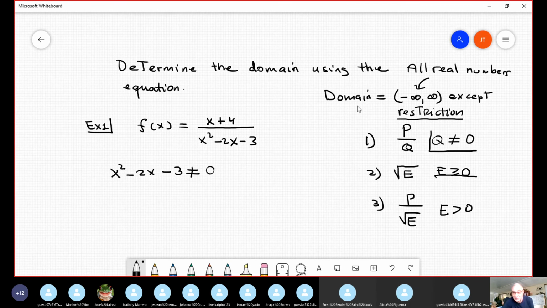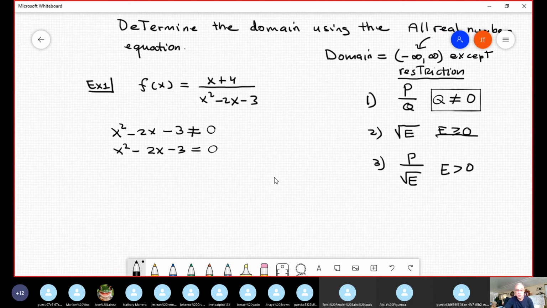Do you see? But I don't feel comfortable with this inequality, so I transform it to an equation, because I am super familiar with the quadratic equation. I solve this quadratic equation. I need to find the solutions as the bad guys, as the restrictions. In this case, easy by factorization.